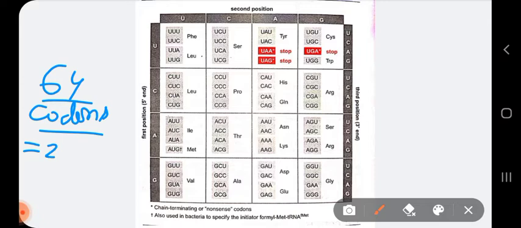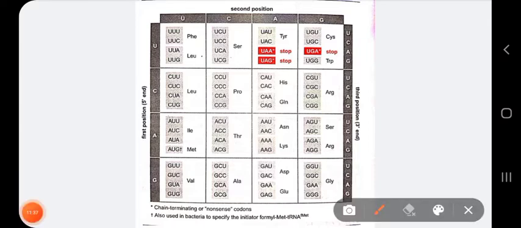I think a 23rd amino acid is observed nowadays, but it is saying that 64 codons code for 20 amino acids. So how to read this codon?